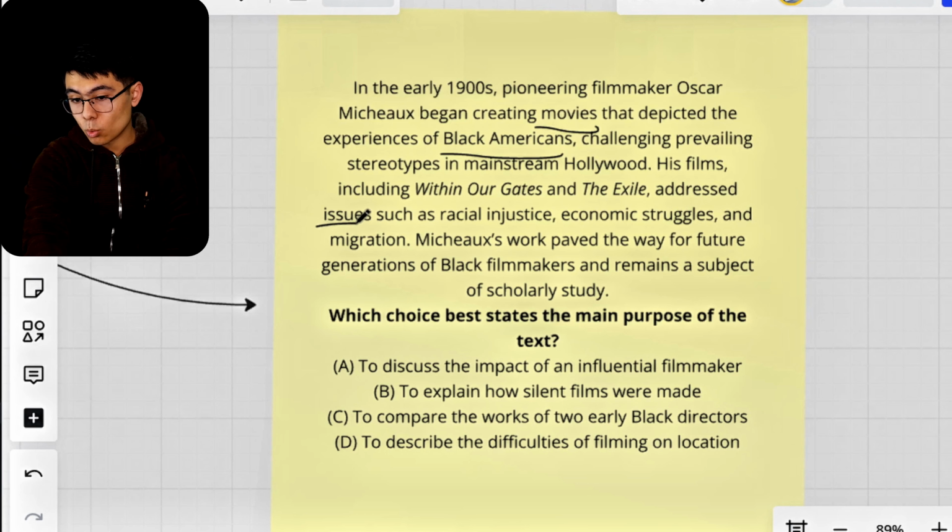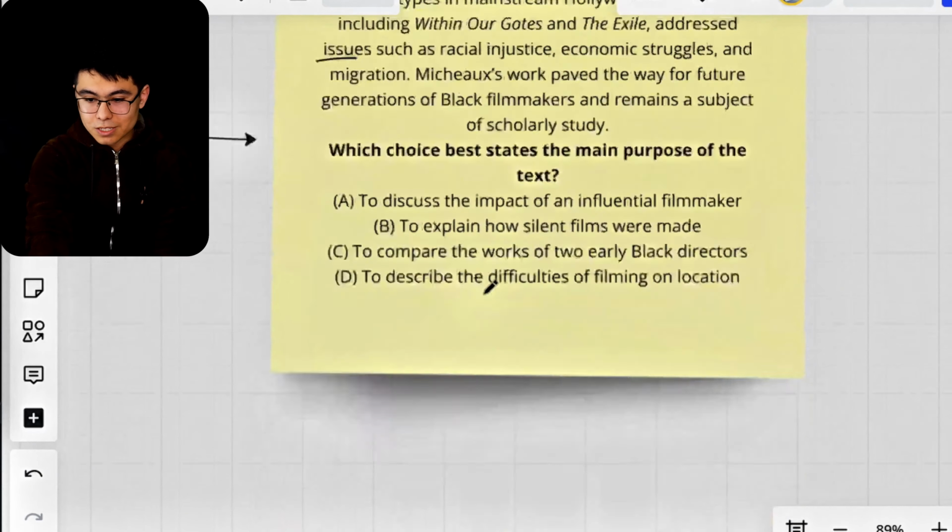So, what are those issues? Such as racial injustice, economic struggles, and migration. His work paved the way for future generations of Black filmmakers and remains a subject of scholarly study. So this passage talks about that filmmaker, his films, and his impact on Black American cinema, I guess. Now let's move on to answer choices.